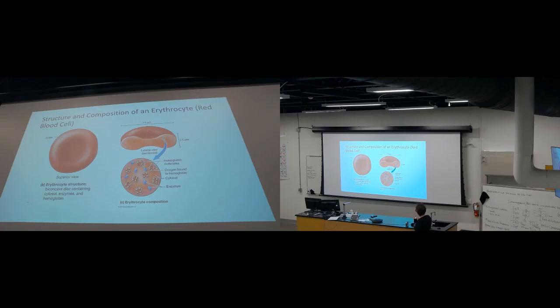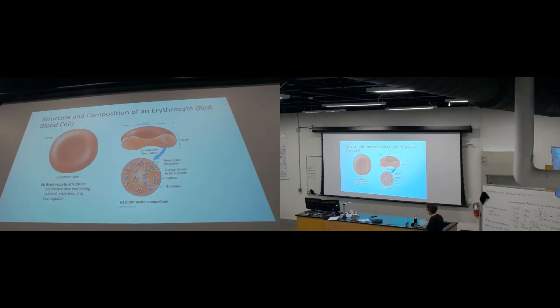And this center is specialized to allow the diffusion really fast. And everything in the cytosol is basically hemoglobin, enzymes that allow for this oxygen to be transported, and enzymes that help in the metabolism of the cells.